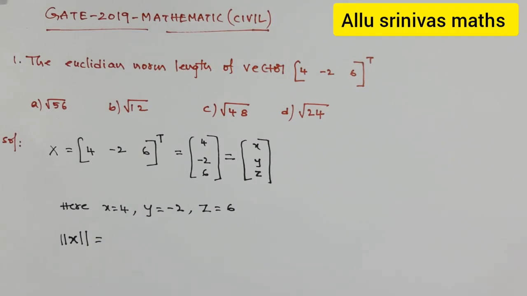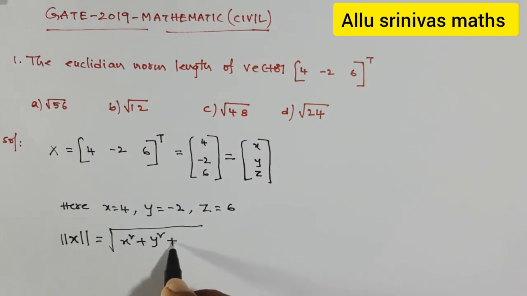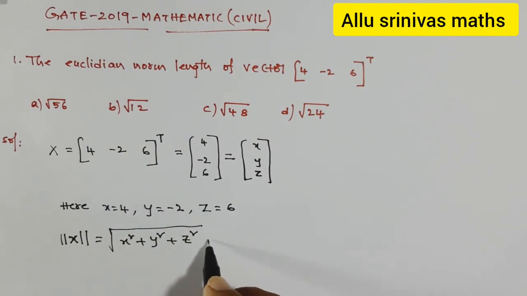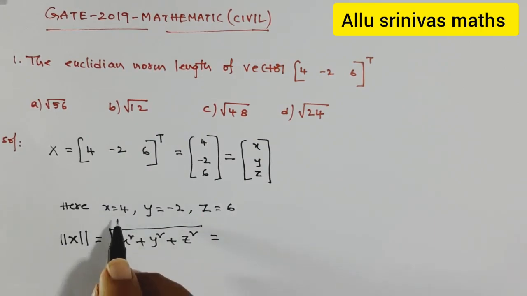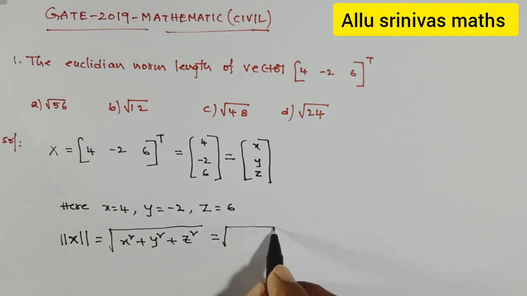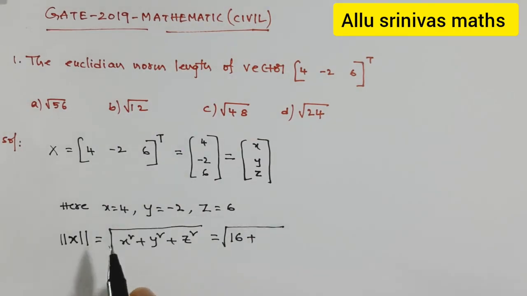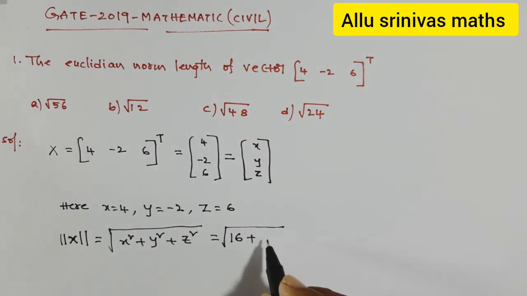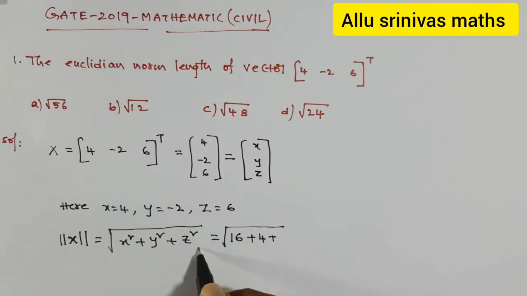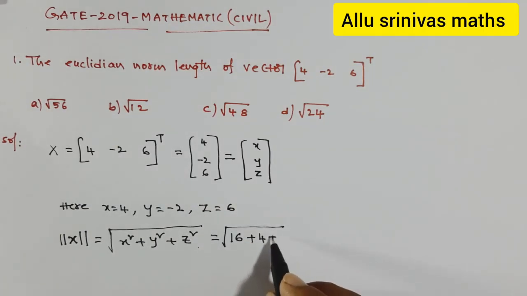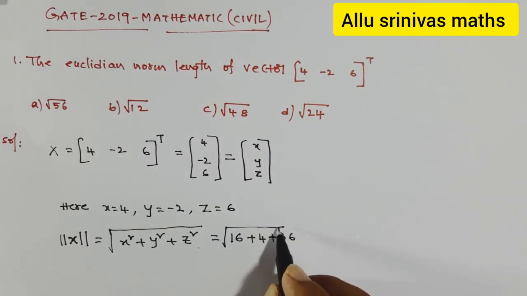We know the formula is root of x square plus y square plus z square. Here x is 4, 4 square is 16, and y is -2, (-2) whole square is 4, z is 6, 6 square is 36.